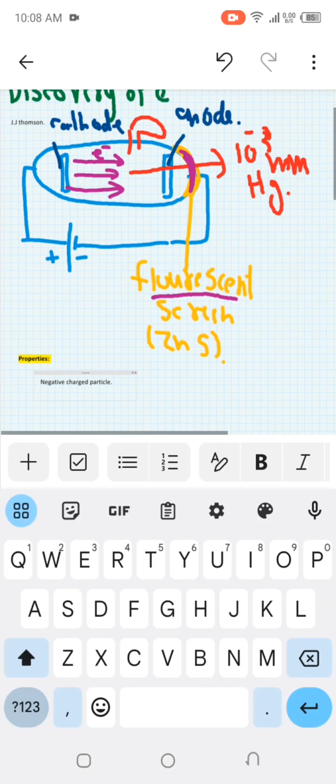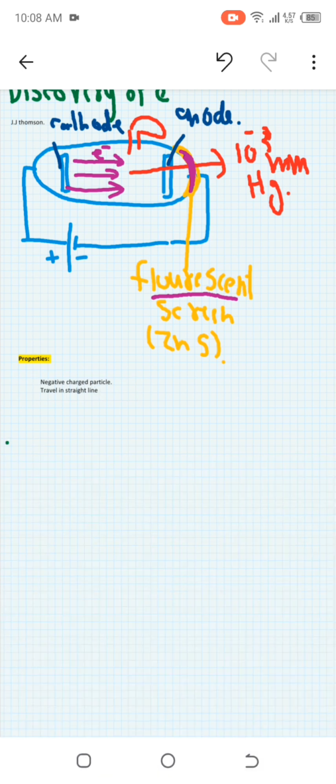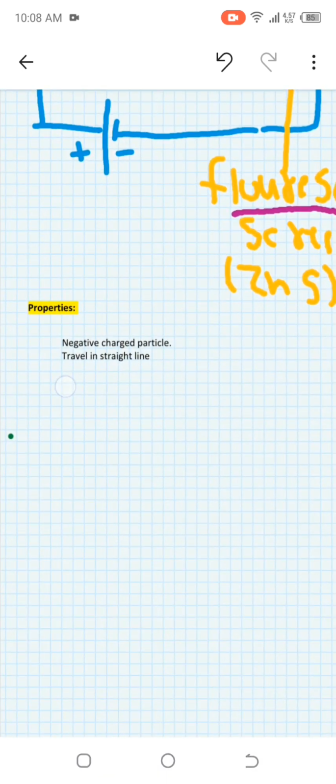After that, he identified that these electrons travel in a straight line.